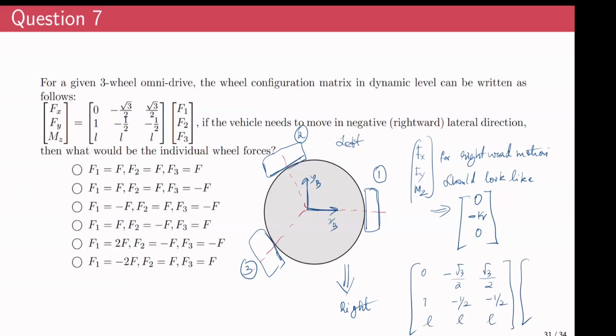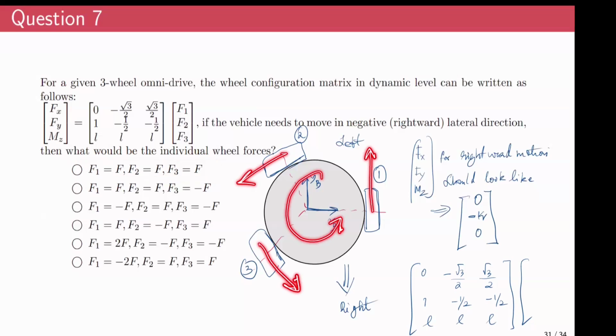If you take a look at the first option, it says all the forces are acting F in the positive direction, and all of them are of equal magnitude. If that is the case, it would look something like this. This is F1, this is F2, this is F3. In this case, the mobile base would rotate like this, in the counterclockwise direction.